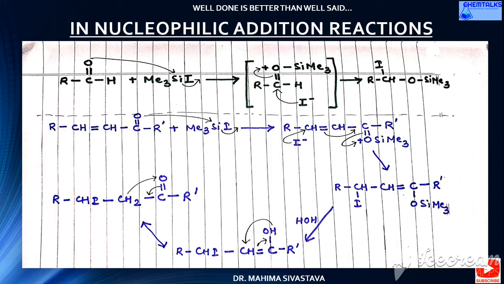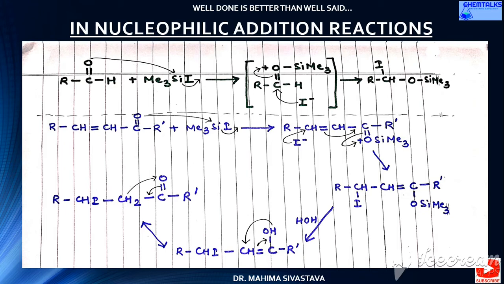Now in the aldehyde reaction, via an intermediate state, finally we get alpha-iodo trimethylsilyl ether as the final product. Whereas in ketone, through a series of two-three step reactions, we finally get keto-enol tautomers, and the ketonic adduct is the beta-iodo adduct, where we find the interconversion between keto and enol forms is shown in the final product.